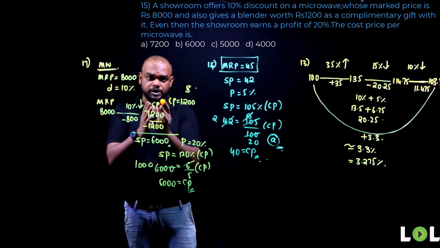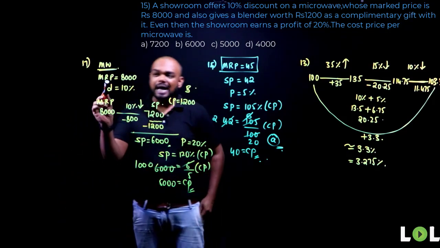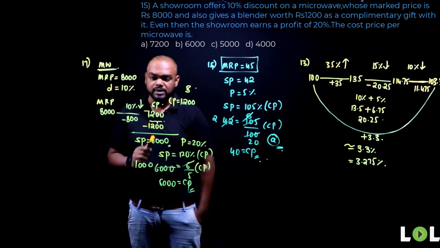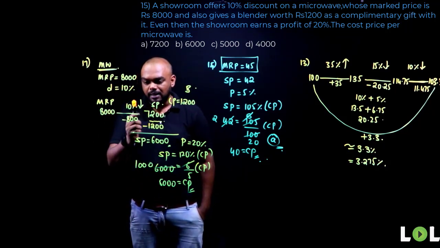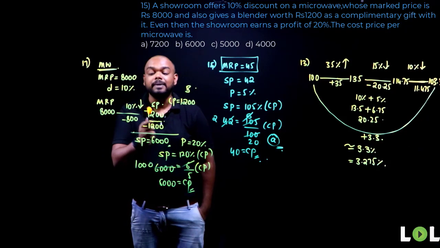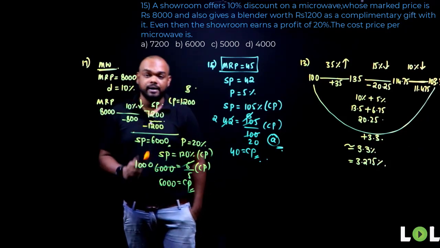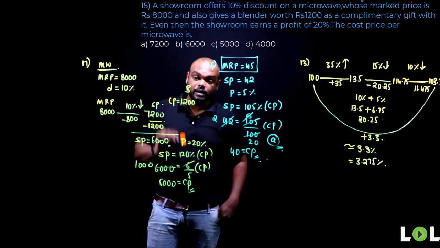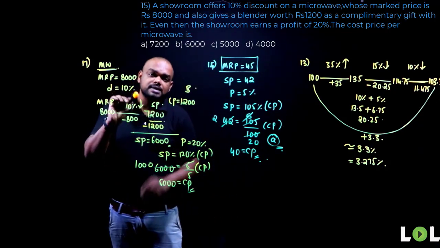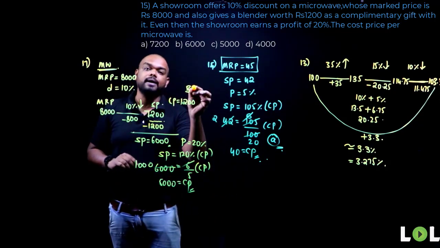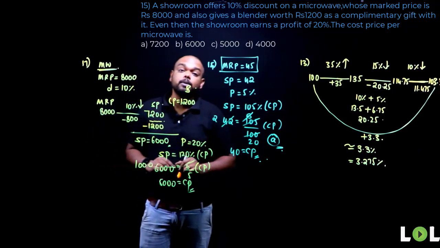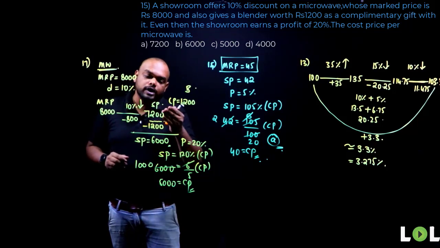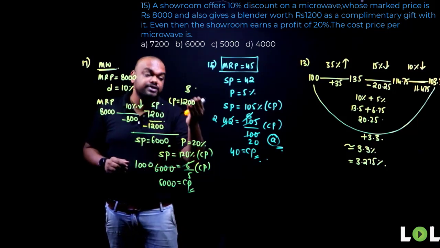I'm repeating this question one more time for you. Listen. MRP of the microwave is 8,000 rupees. On this they gave a 10% discount. On 8,000, a 10% discount means 800. It means they sold it at 7,200. Acha, very good. So the customer should have paid 7,200. But hold on. Along with this, they gave a complimentary gift of a blender worth 1,200 rupees. So though they got 7,200, they gave some extra part also.